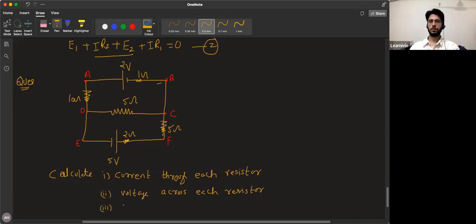Third: power dissipated across 5 ohm resistor.